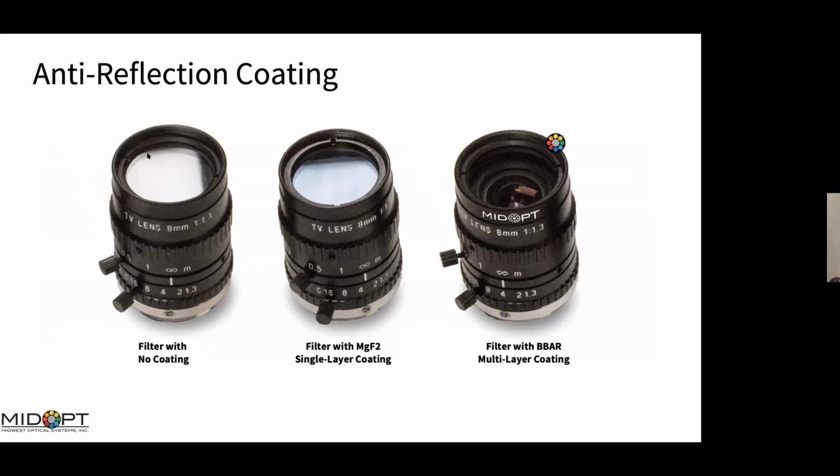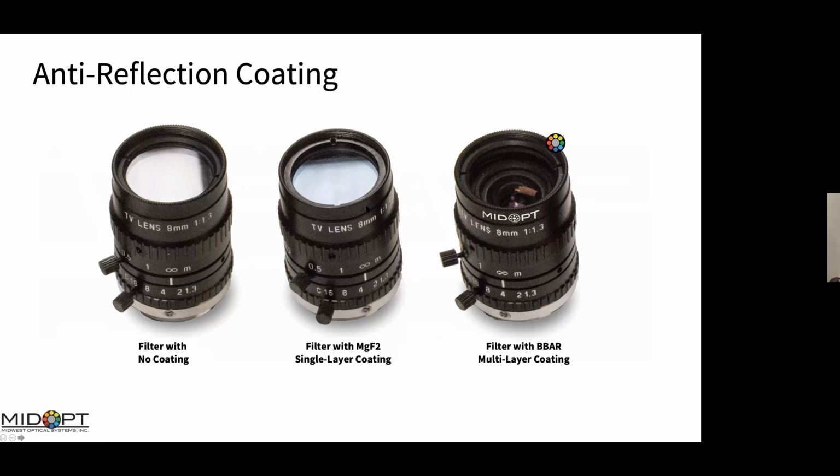This is just some different filters with different types of coating. This is a filter with no coating, no AR coating, I should say. You can see there's lots of light reflected. This is a coating with a single layer magnesium fluoride coating, which is widely used and a very good coating. But you can see that there's little bits of reflection here.